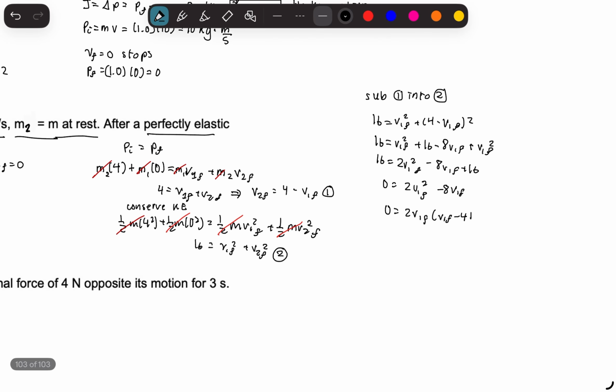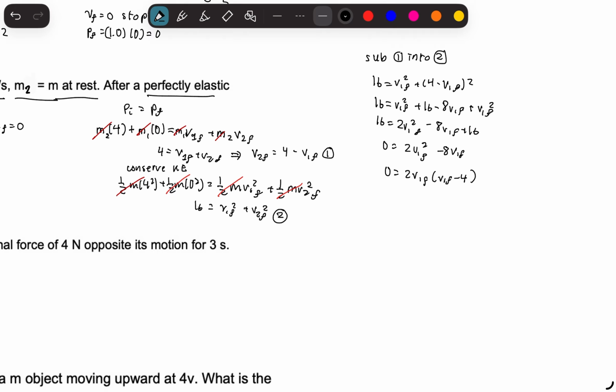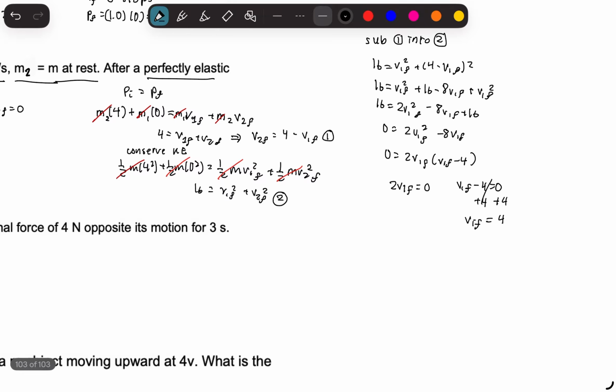So that means that in this case you can use the zero product property. So 2 v1f is equal to 0, and you also have v1f minus 4 is equal to 0, so plus 4, v1f is equal to 4, or divide by 2 here, v1f is equal to 0.